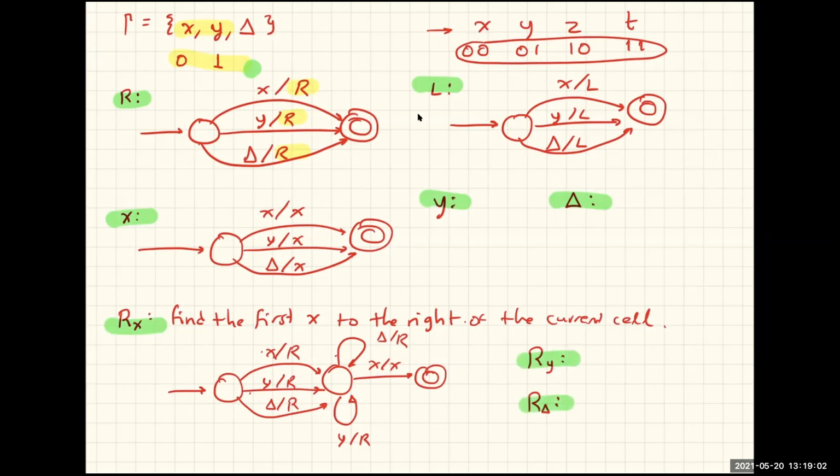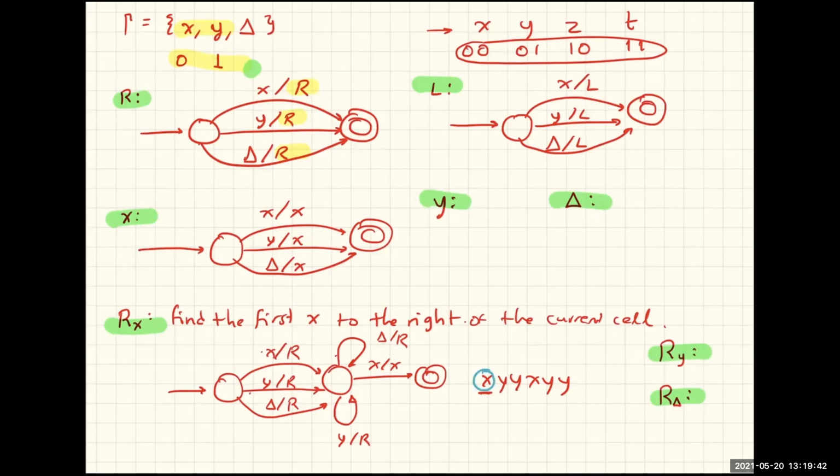Yes? In the second diagram, you are looking for the second X, right? No, I'm looking for the first X to the right. That's a good question as well. Let me clarify. Let's suppose you have X, Y, Y, X, Y, Y, and you are standing here. And it says, find the first X to the right of the current cell. So the first thing it does is move to the right. It will ignore completely this one.